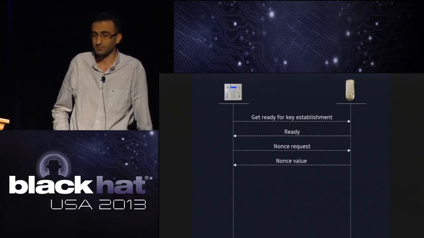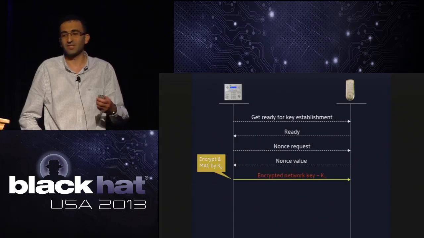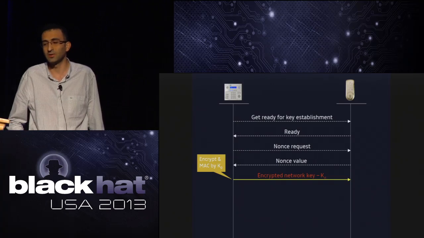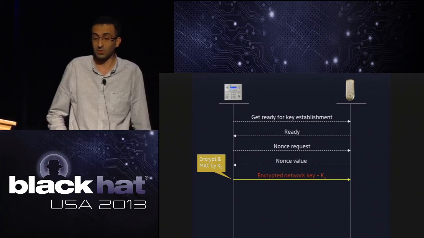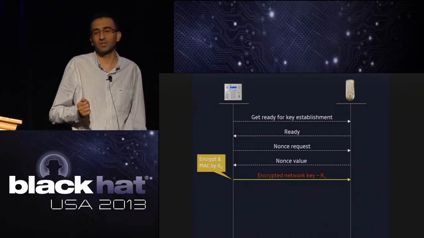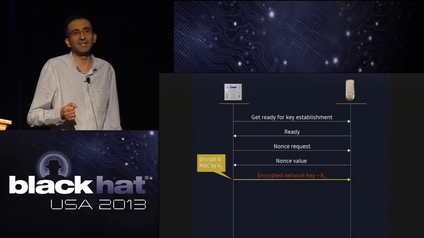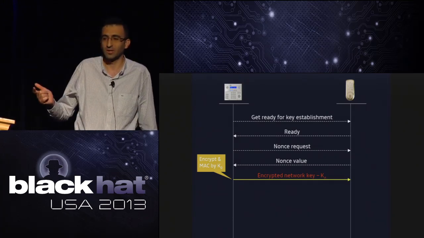And after receiving the nonce value from the door lock, this is the most important step of the protocol. The controller generates a random network key, Kn, and then needs to deliver this securely to the door lock.